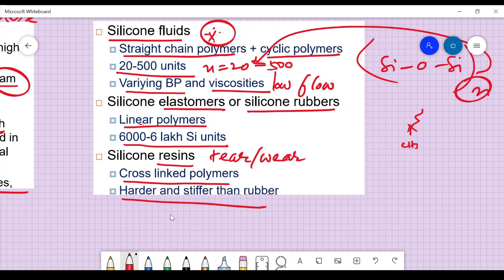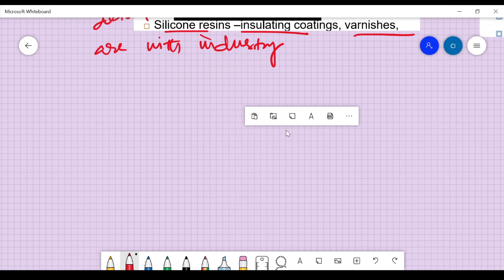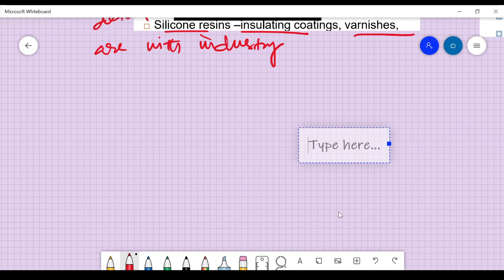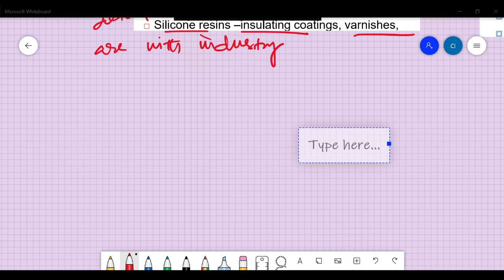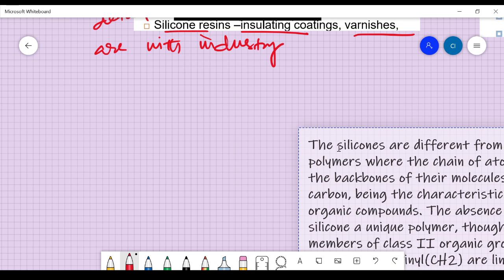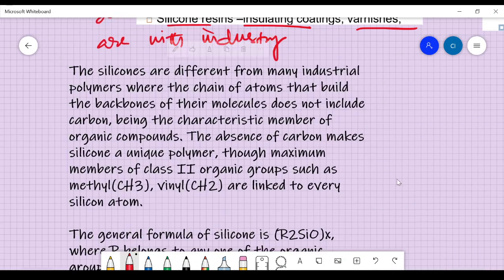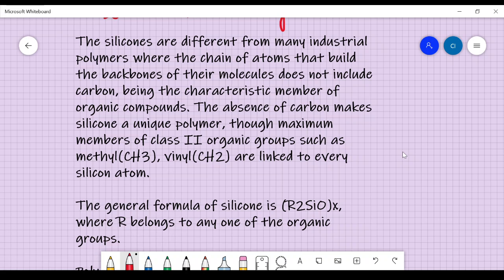We are not going to look much into the details of these things, but anyway, I'll just write the properties here. You can see that silicones are different from many industrial polymers, where the chain of atoms that build the backbone of their molecules does not include carbon.